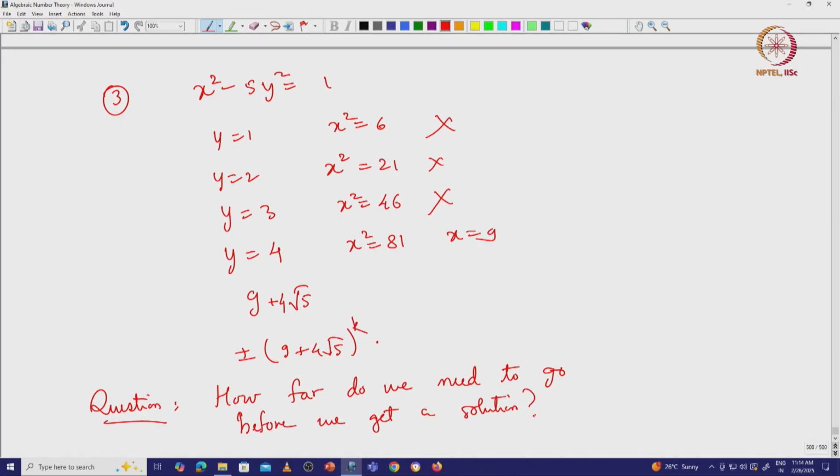That is a very valid question, because all that we know is there is a solution. We do not know how many values of y we need to take before we get a solution, so there should be some way of getting a bound on y.